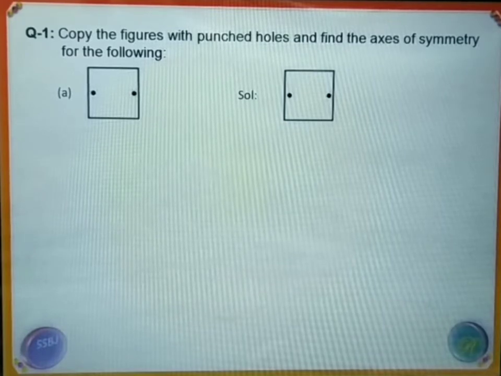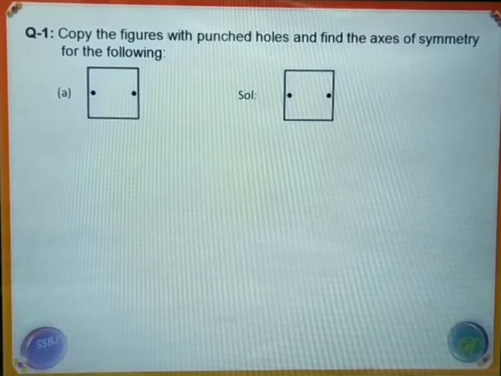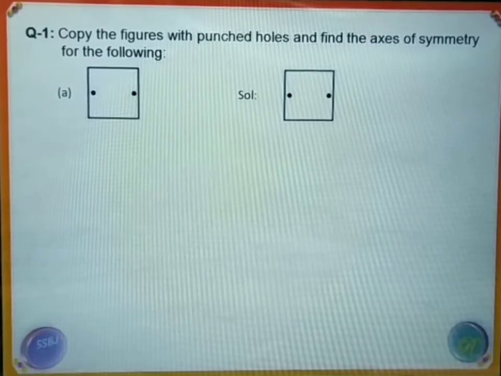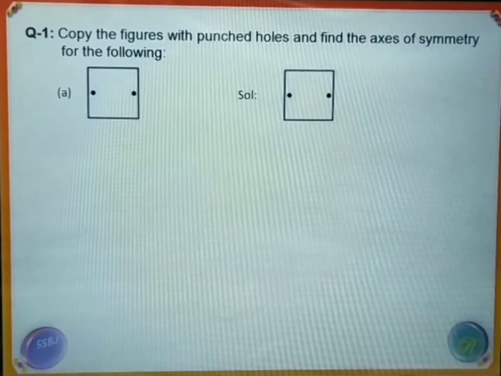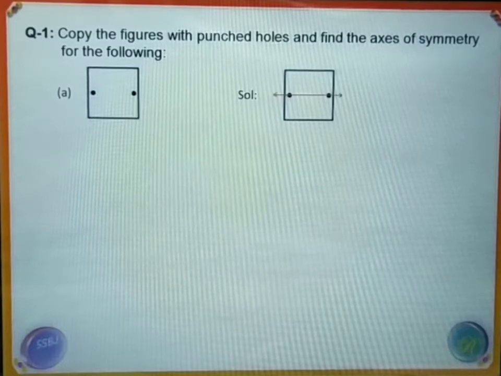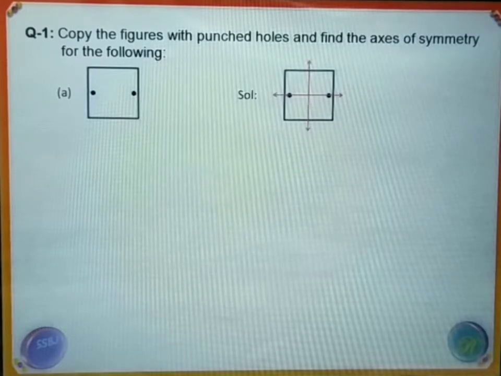Draw the lines or axis of symmetry through which, if we fold the figure, both the parts will match or coincide. How many axes are we going to get? 2.